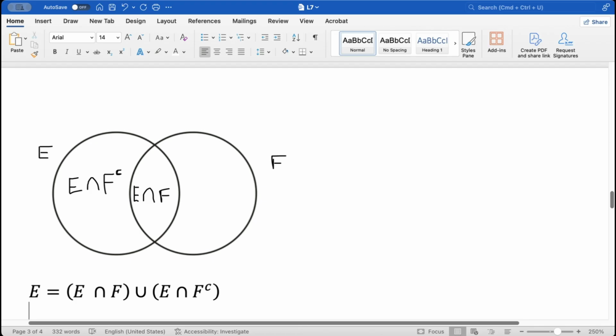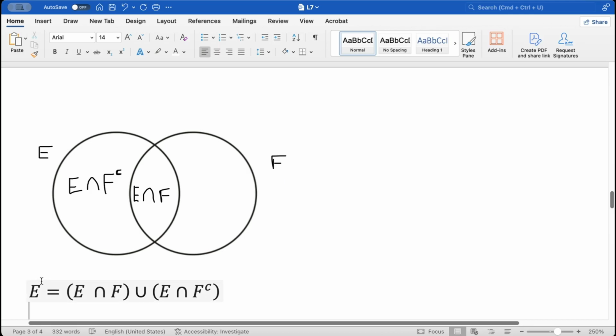Let's see. We actually used this strategy in the previous problem. Just wanted to make it explicit for this next proof. So again, we have a set E and a set F. We can rewrite E in terms of these intersections. We have the circle E on the left here, and there's two regions, the portion that overlaps with F and the portion that does not.